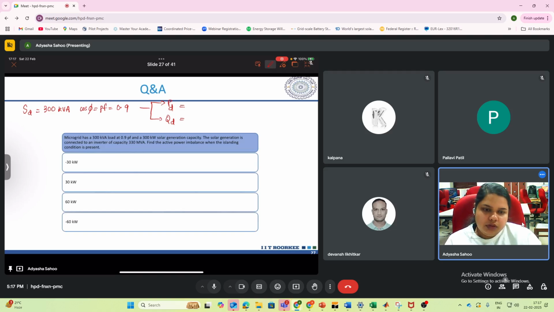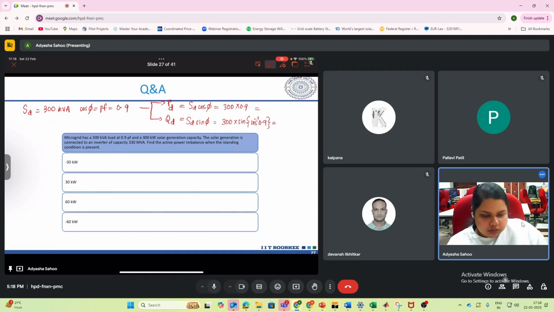What will be the formula for active power using apparent power? That is your SD cos phi, that is your SD sin phi. So it is 300 times 0.9, and this will be 300 times sine of cos inverse 0.9.